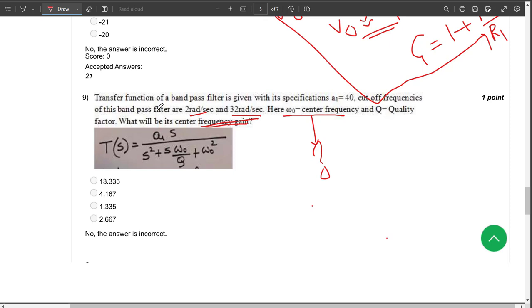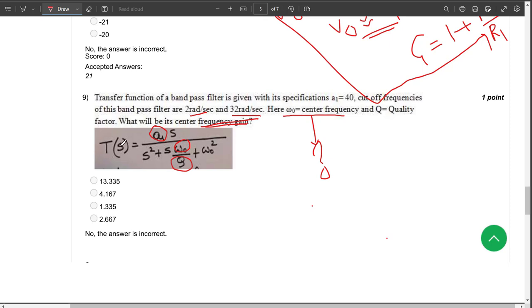Okay, ma'am, understood. Anyways, sir has given this formula directly. Basically everything will be cancelled out, and only this term, this term, and this term will be left.